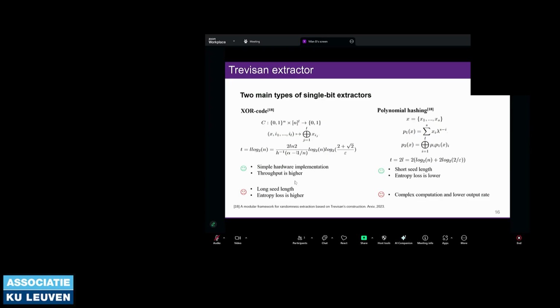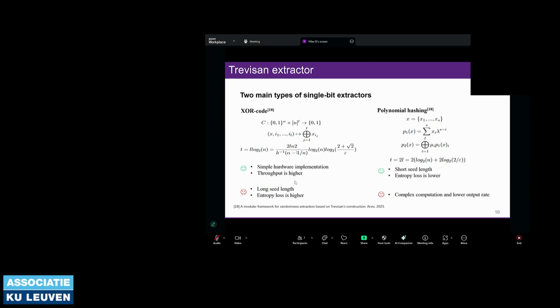We need to divide the input vector into S blocks in advance. The first extraction process performs polynomial multiplication and addition on the input sequence in a Galois field. Lambda is the seed of the first extraction, and the second extraction process performs the inner product of P1x and the second seed mu.